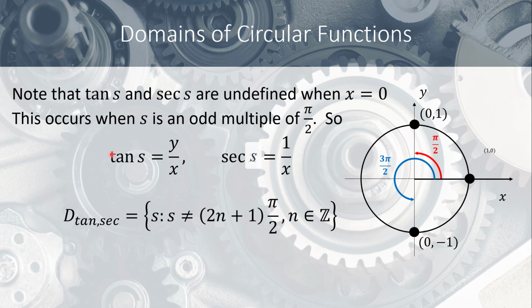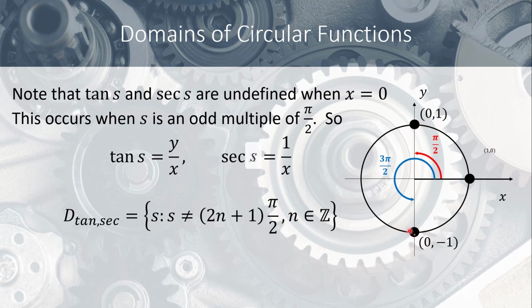Well, what about tangent and secant? Tangent and secant are defined for every single value of s except for those values of s where x happens to be 0. So when does that occur? That occurs whenever we are on the y-axis, and that occurs when s is pi over 2, or 3 pi over 2, or any odd multiple of pi over 2.